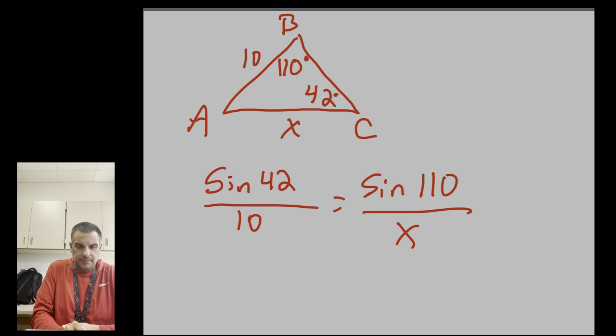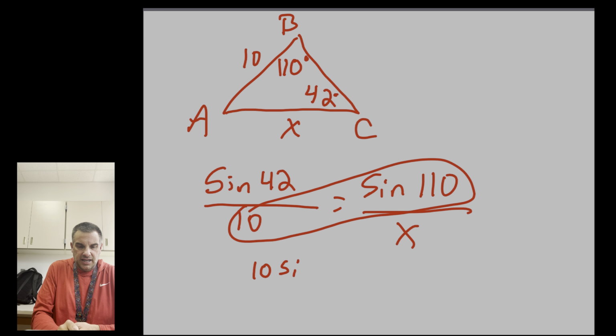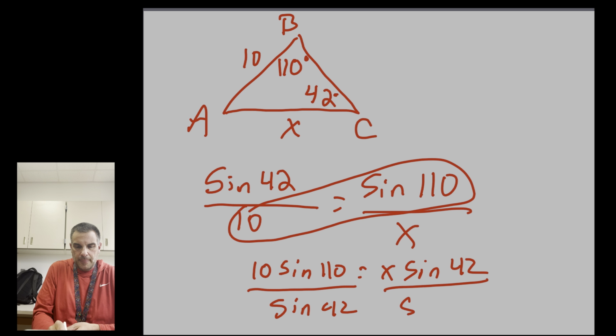Cross multiply. That's 10 times the sine of 110 is equal to x times the sine of 42. So we'll divide by the sine of 42.